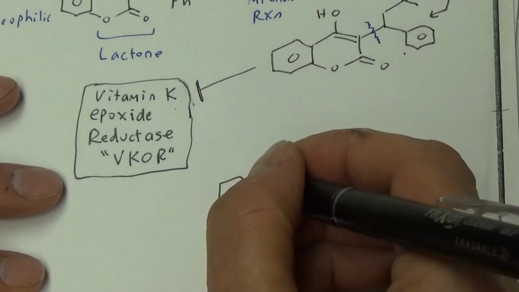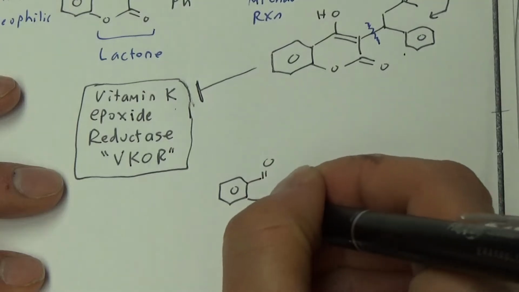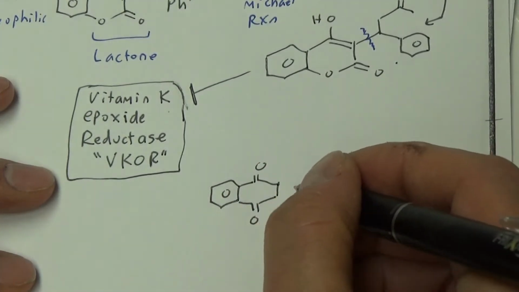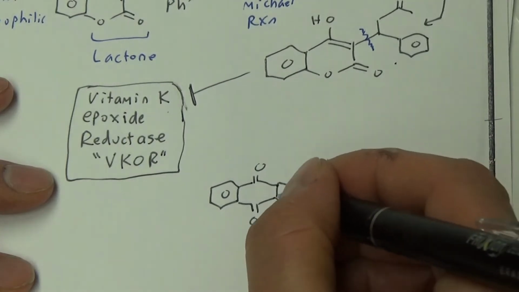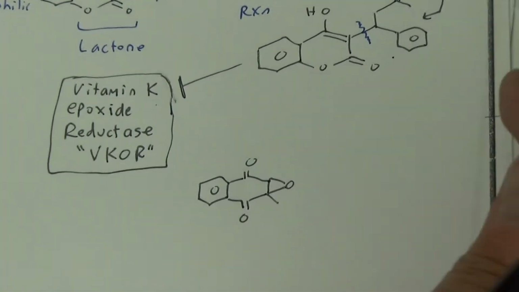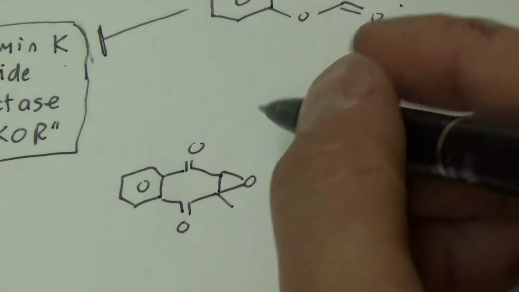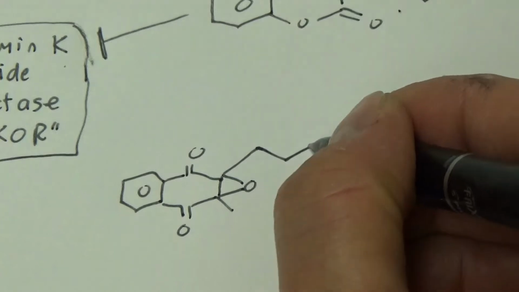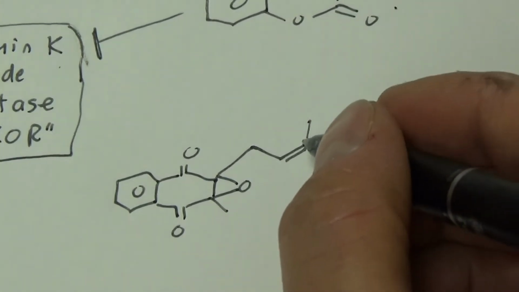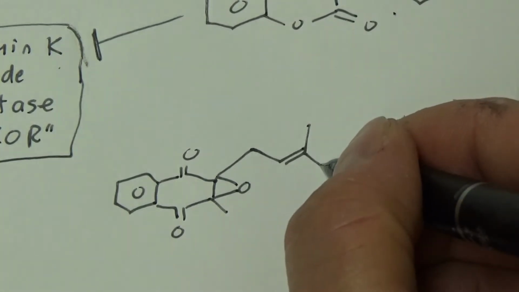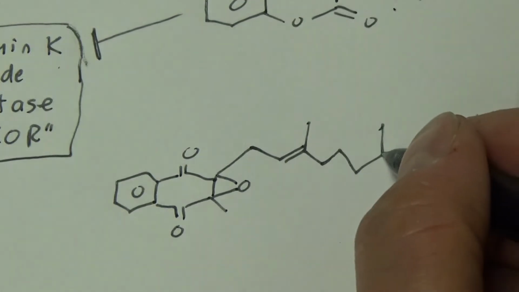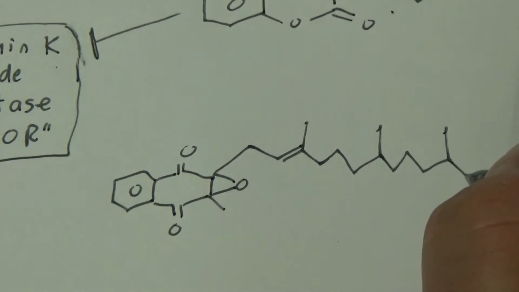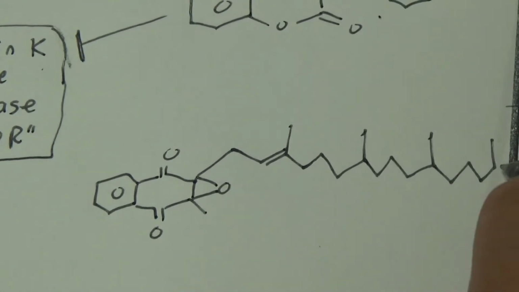Benzene, carbonyl, carbonyl, epoxide. There's the epoxide. And then just a bunch of stuff. So we've got a CH2, alkene, and a chain of carbons.